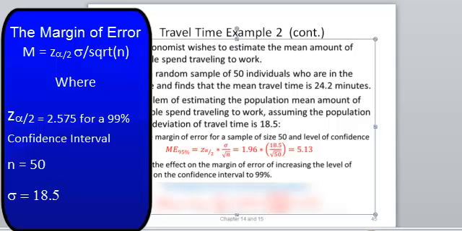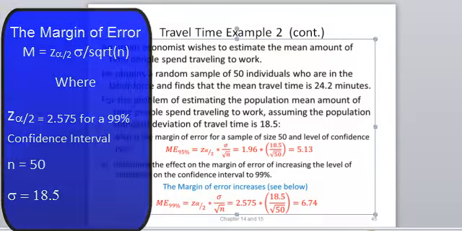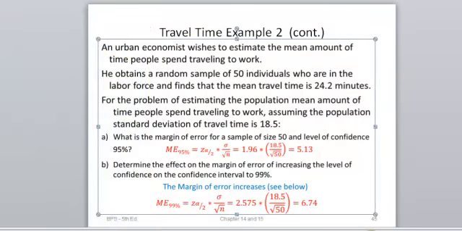And the standard error is going to be the population standard deviation of 18.5 divided by the square root of the sample size, so the square root of 50. I multiply those all together, and I get 6.74. Now the whole confidence interval then would be twice that, 13.48.